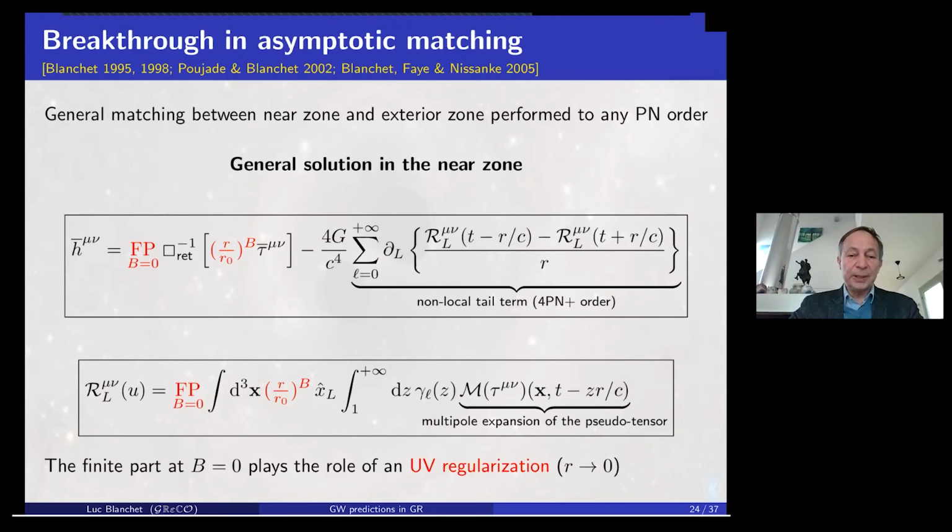And I will not detail too much on that, but there is a general solution that you can write in the near zone for the post-Newtonian expansion.